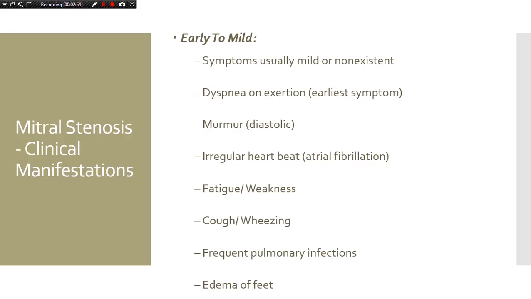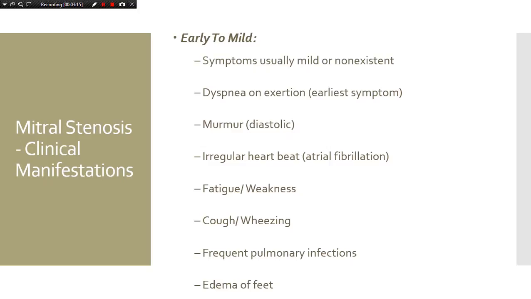The primary symptom of mitral stenosis is exertional dyspnea due to the reduced lung compliance. Heart sounds include a loud first heart sound and a low-pitched diastolic murmur, best heard at the apex with a stethoscope. Fatigue and palpitations from atrial fibrillation may also occur.